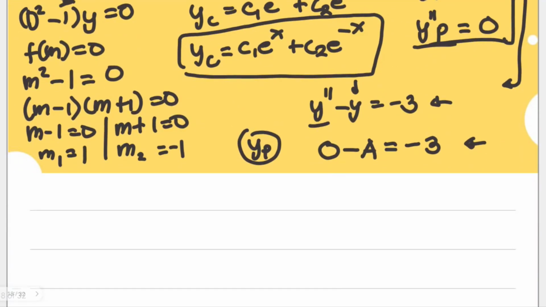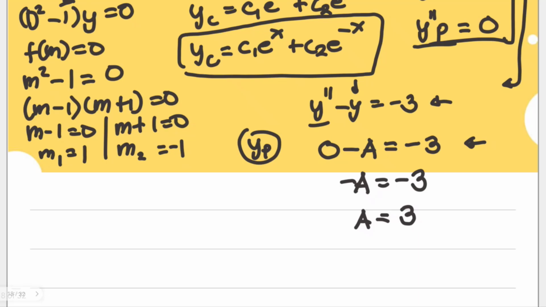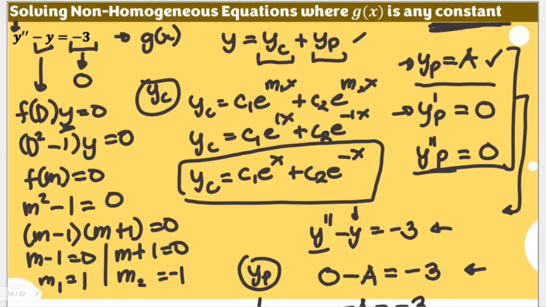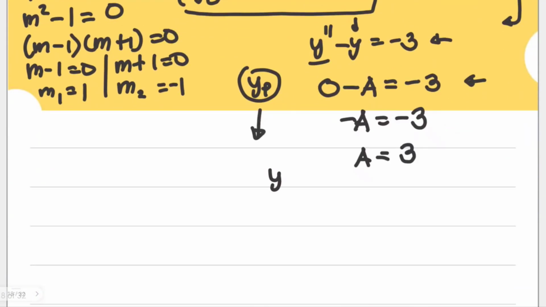Hence, we'll have here minus a is equal to negative 3, so a is just equal to 3. So now that we have that, what was our y sub p earlier? Our y sub p is just equal to a, hence our y sub p is just equal to 3 as well, as this is the value of a.